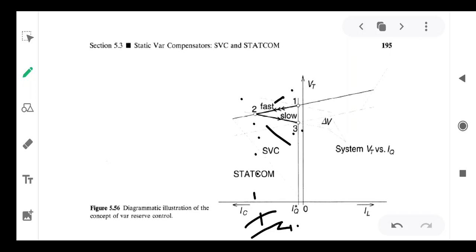By keeping this operation, you can have the VAR reserve equal to IC1 or QC1, current or reactive power. This is called VAR reserve control. It is very important and used for coordination of other devices.